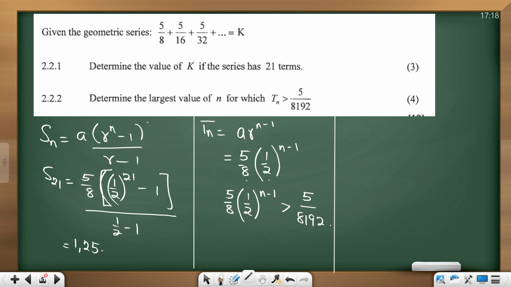What's your answer? 1 over 2 to the power n minus 1 will be greater than what? 1 over 1024.